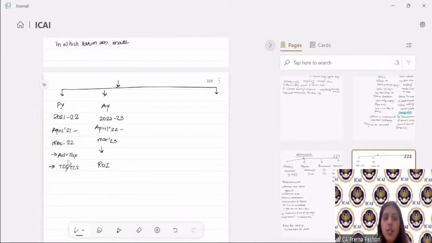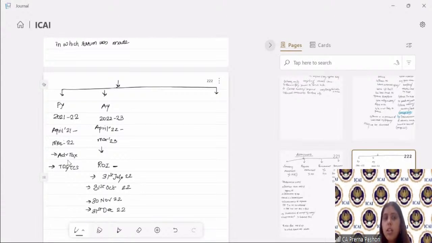Say for this person, it is going to be either 31st July 22, or 31st October 22, or it could be 30th November 22. Right? And if it is a revised return, then at best 31st December 22.